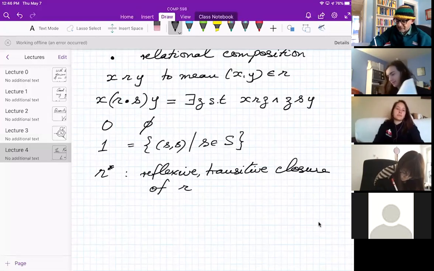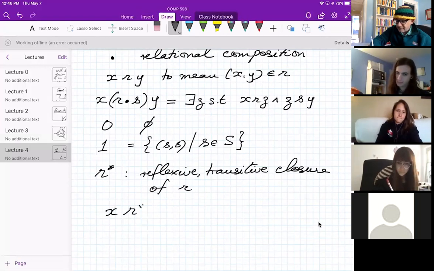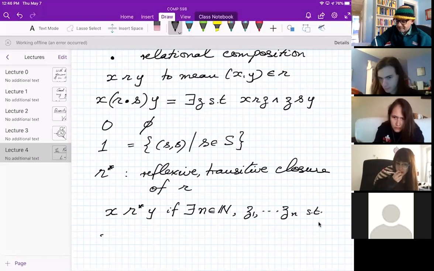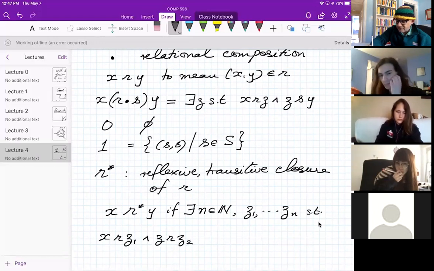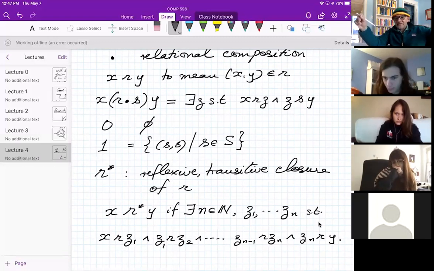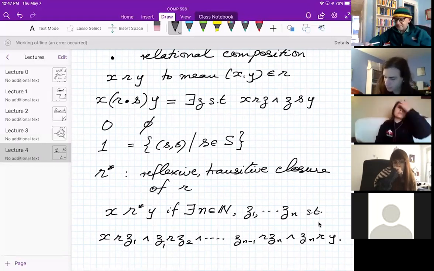So what you do is you say X is R star related to Y if there exists some N and Z1 through Zn such that X R Z1 and Z1 R Z2 and Zn minus 1 R Zn and Zn R Y. Basically, the transitive closure of a relation is you take two elements, and if you can find a chain linking them with a sequence of R steps, then you relate X and Y. Okay, so this is the transitive closure.